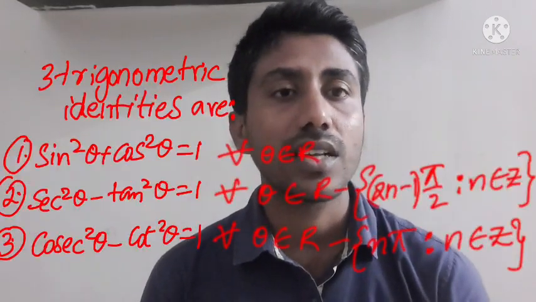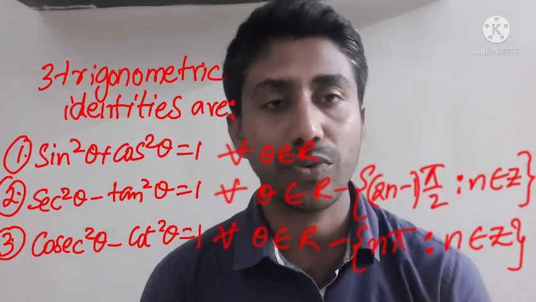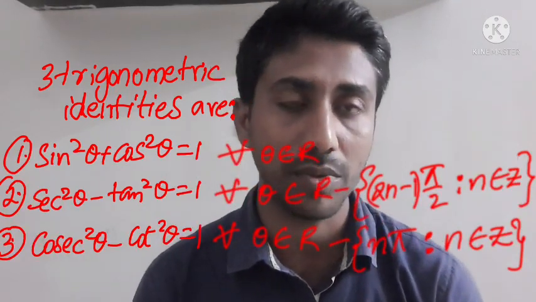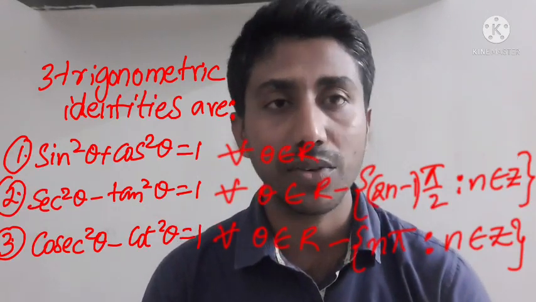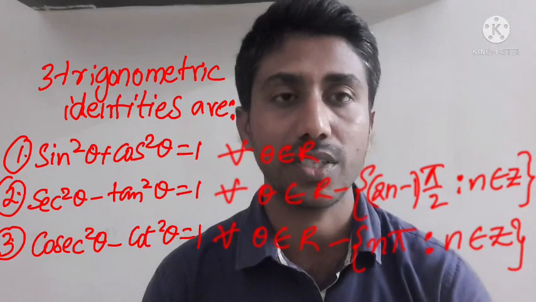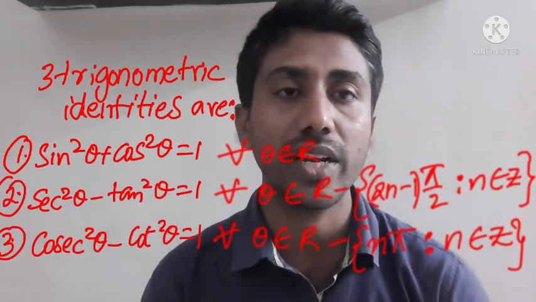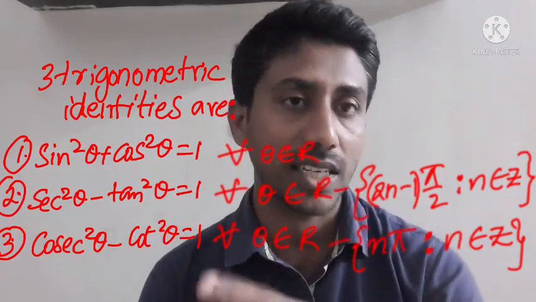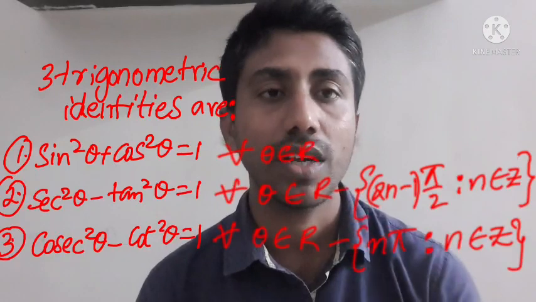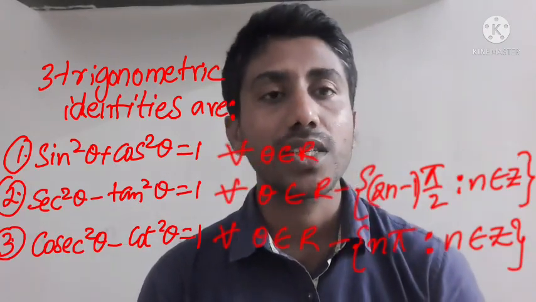Next, the 3 trigonometric identities. Any equation which is true for any value of the variable is known as an identity. So an equation involving trigonometric ratios is known as a trigonometric identity. The 3 trigonometric identities are sin square theta plus cos square theta equals 1, secant square theta minus tan square theta equals 1, cosecant square theta minus cot square theta equals 1.